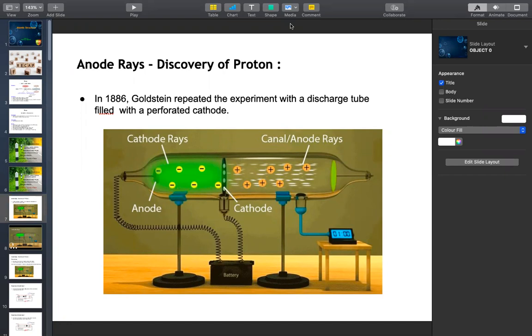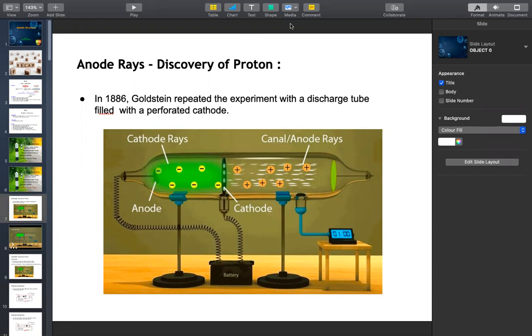So here, if you see, there is a hole in the cathode.